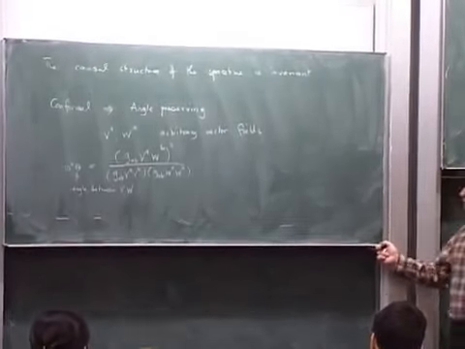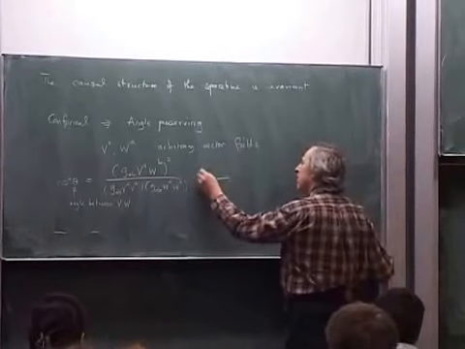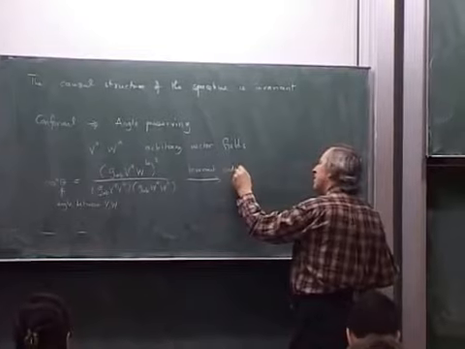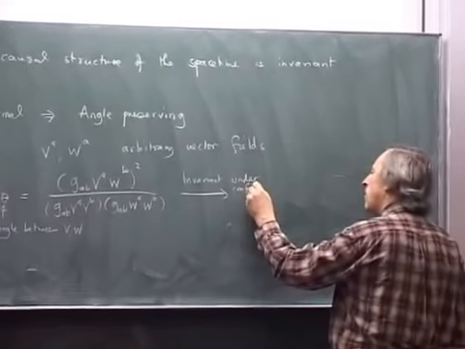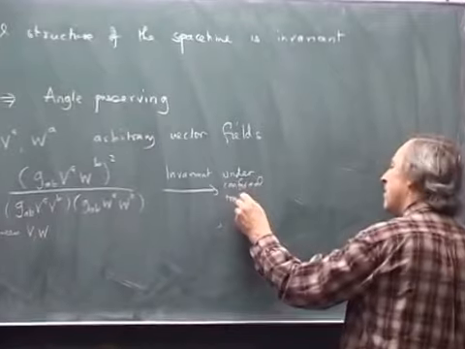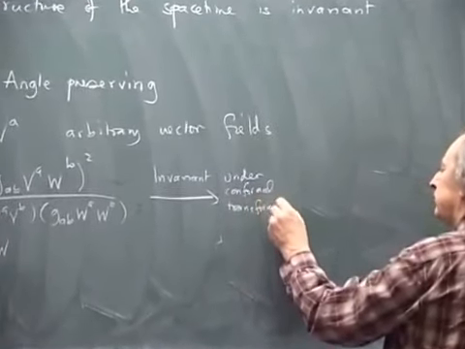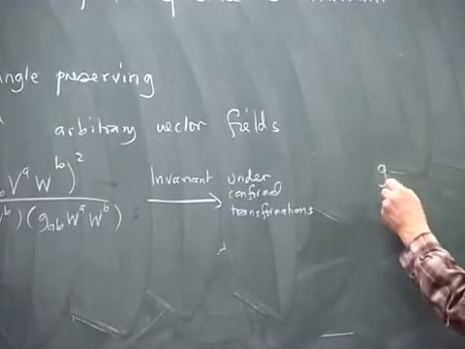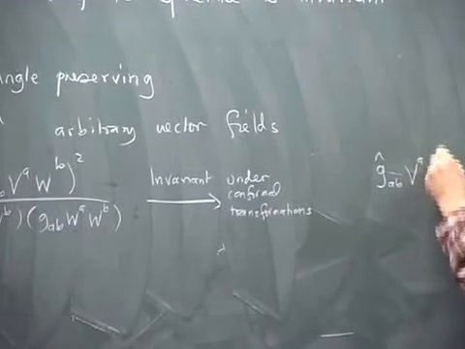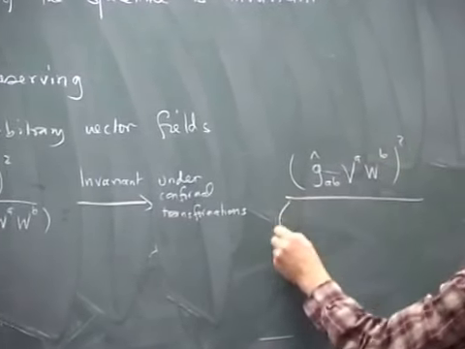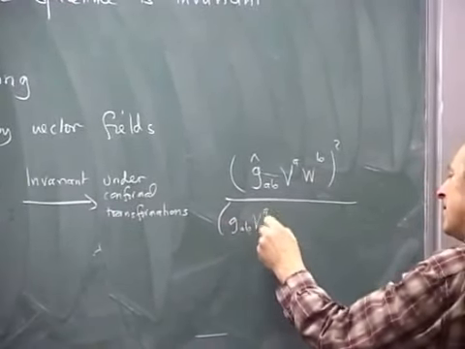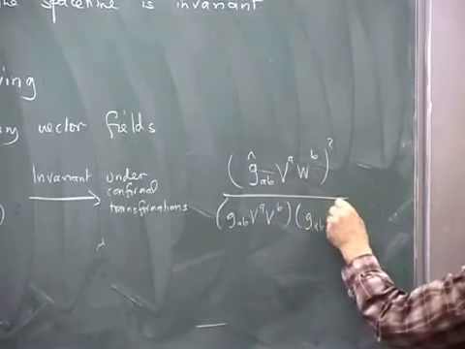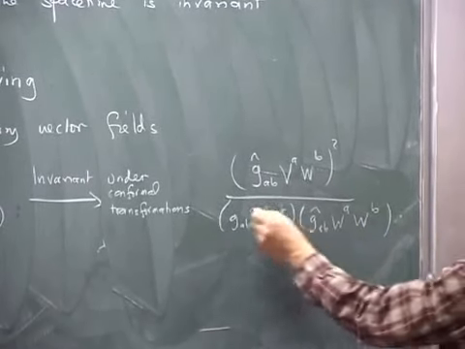But this thing is invariant under the conformal transformation. And so if you replace this by g hat AB everywhere, I apologise for using indices like this, I really shouldn't do that.